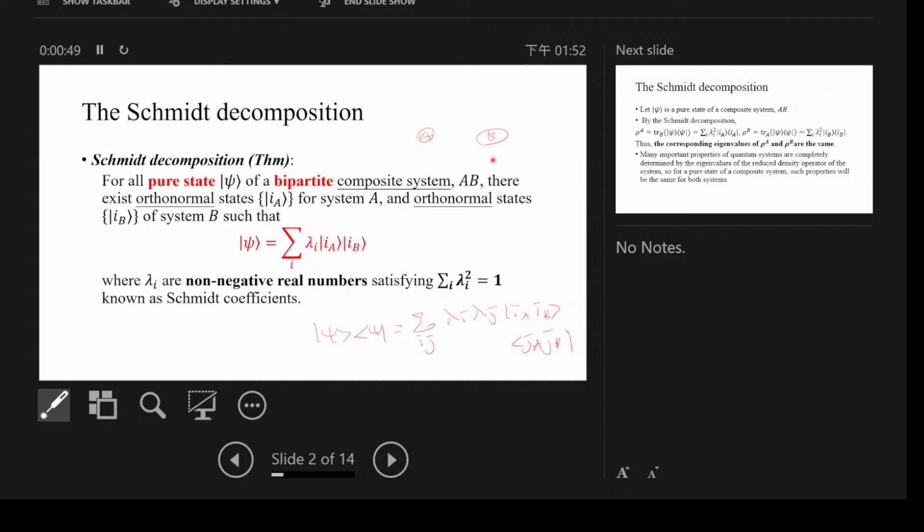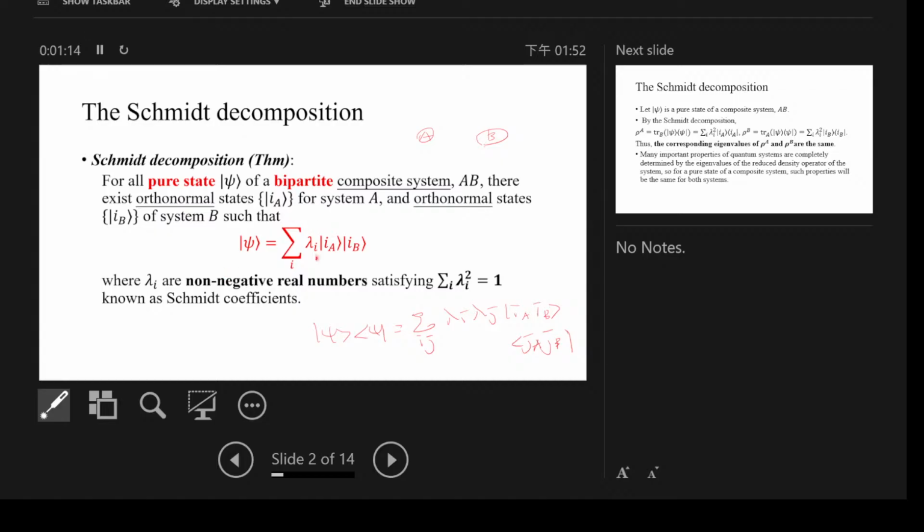Then there is a nice way to describe any entangled state between system A and system B if it is a pure state. So the Schmidt decomposition is a theorem that says any pure state between system A and system B can be written as a Schmidt decomposition.